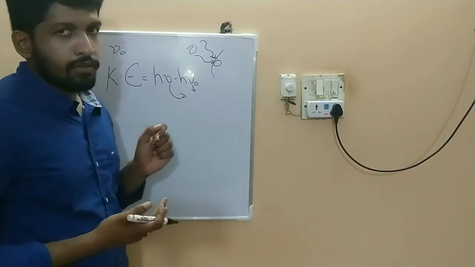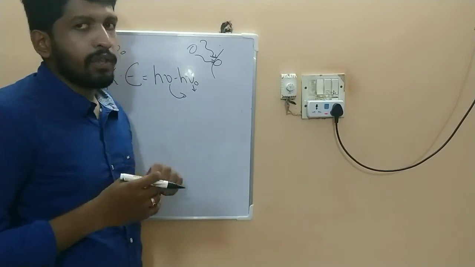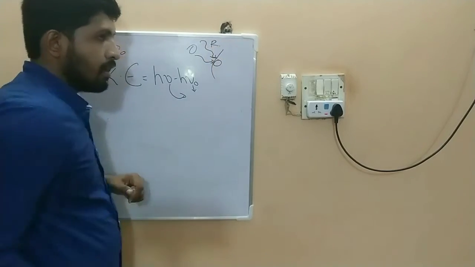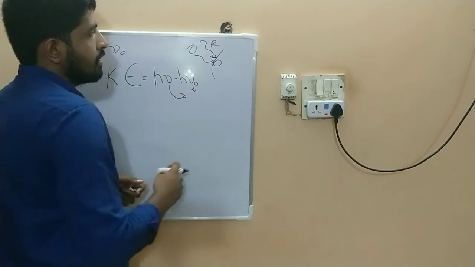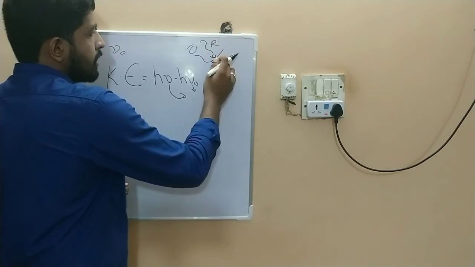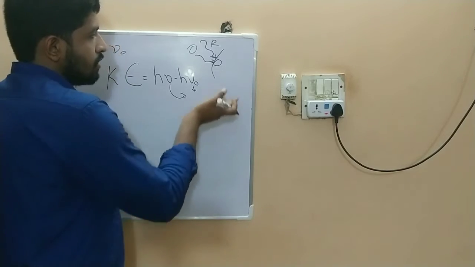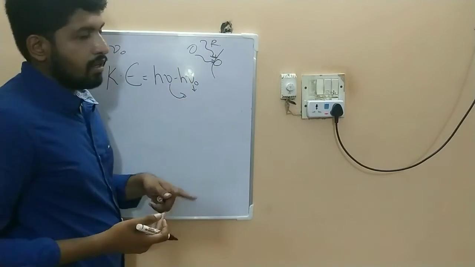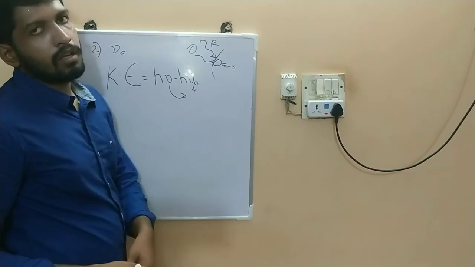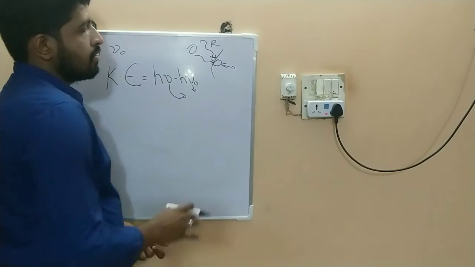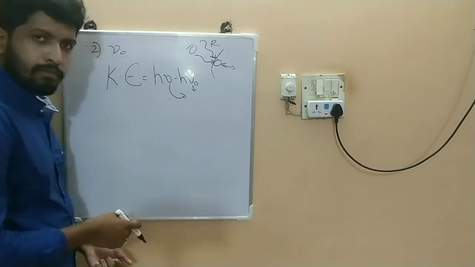So we take the case of light with a lesser frequency, which means red light. What if we use red light? If we use red light, the whole energy gets absorbed by the electron, but it does not possess the energy to overcome the electrostatic force of attraction in the metal lattice. So the electron stays there.